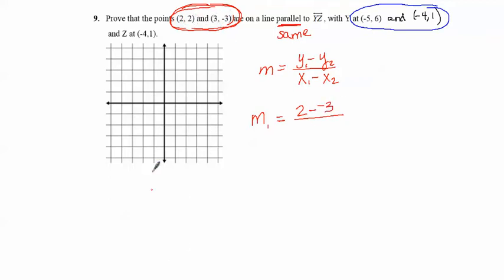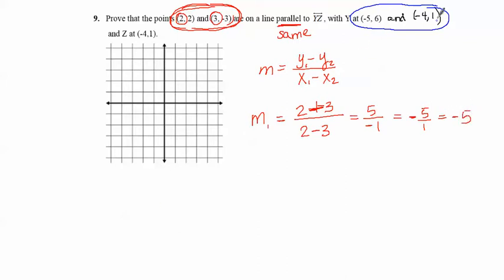And then you're going to do x minus x. So it's 2 minus 3. Keep in mind that these two negatives here turn into a positive. So you actually have 2 plus 3 is 5. 2 minus 3 is a negative 1. So we have negative 5 over 1, which is the same thing as just the number negative 5.